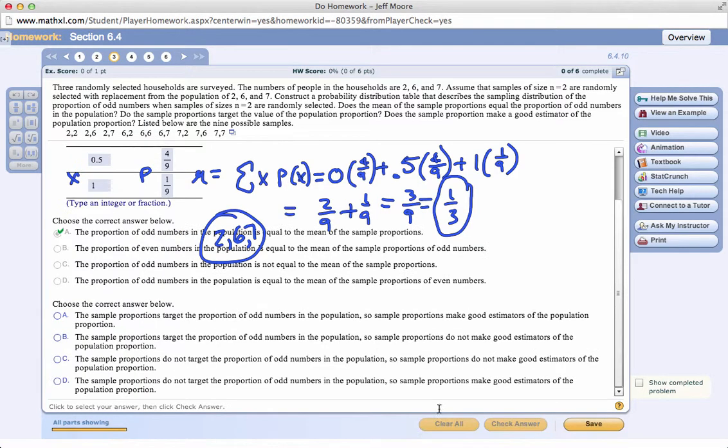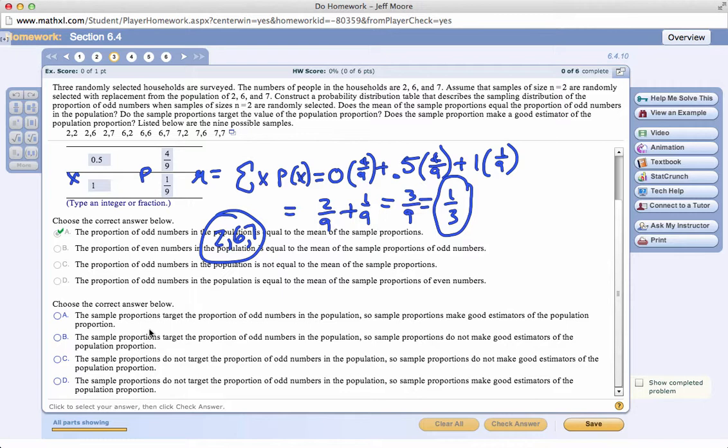And continuing through the problem, we're supposed to choose the correct answer. The sample proportions target the proportion of odd numbers in the population, so sample proportions make good estimators of the population proportion. So just reading the first one, we can see what they're after here. They're saying, does the mean of the sample proportions make a good estimate for the proportion of odd numbers in the population?